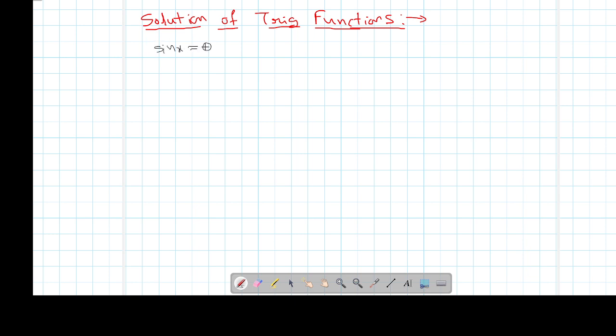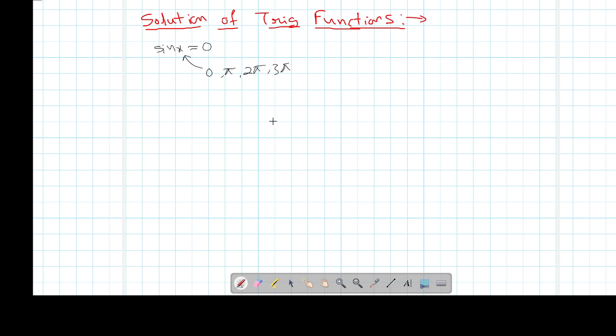So what values can come here? Sin of which value is 0? Just pause and think. Yes, you are right. So it is 0, pi, 2 pi, 3 pi.